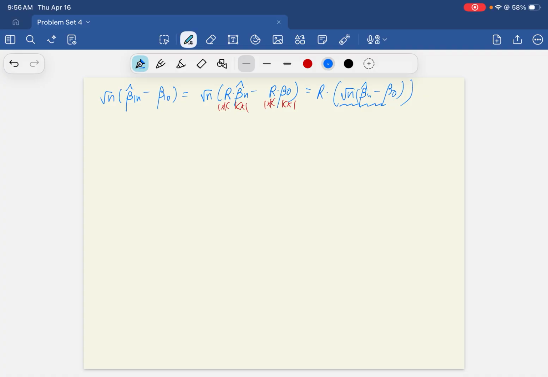So we know the distribution of the inside. That means you can apply the continuous mapping theorem, and we have R V R transpose. This is the new variance for a linear combination of a vector. By the way, in our case, R V R transpose is pretty simple. It can be written as the first 1,1 element of the variance matrix, right? Pretty straightforward, and it is also very intuitive.